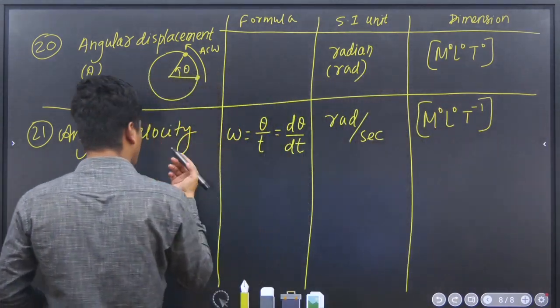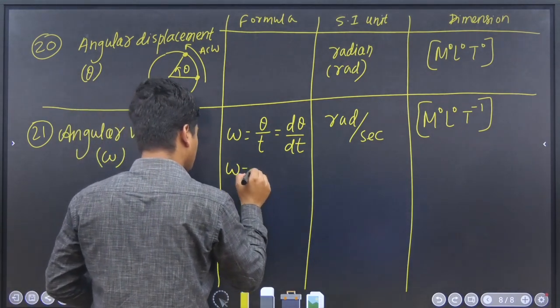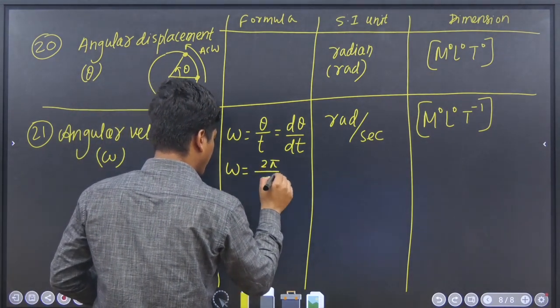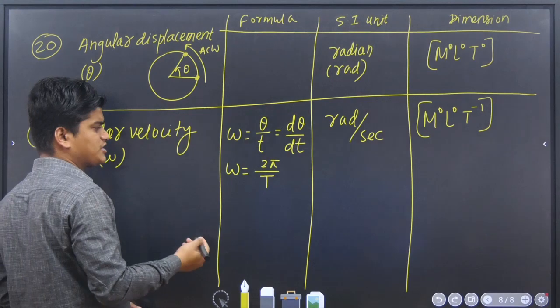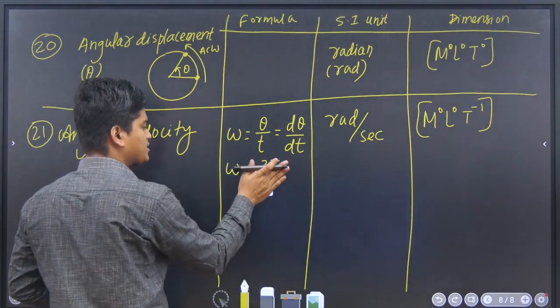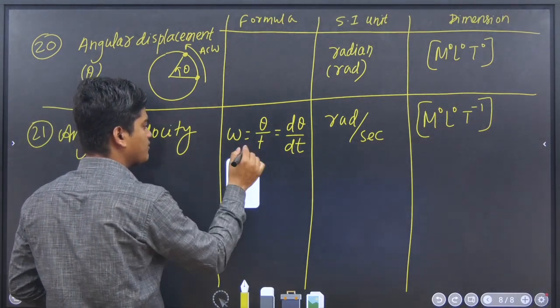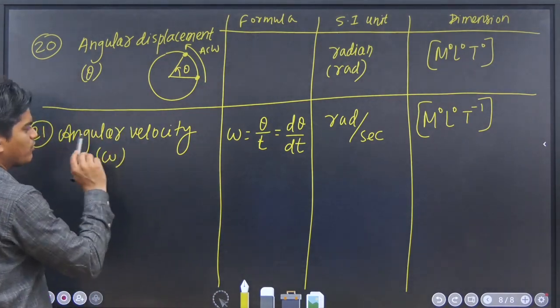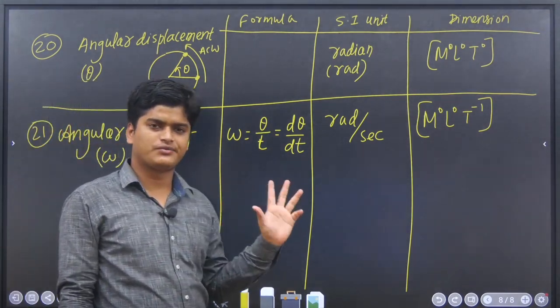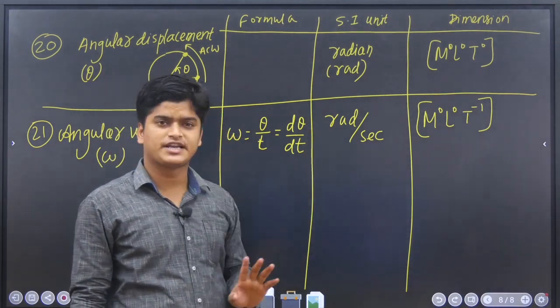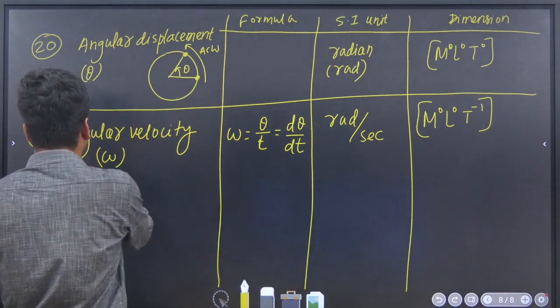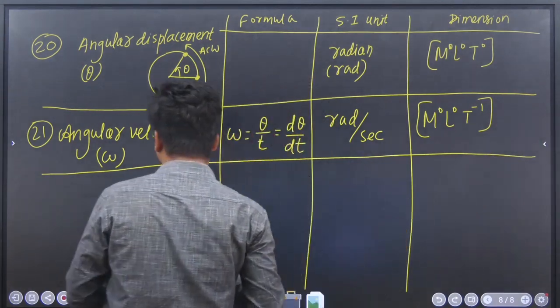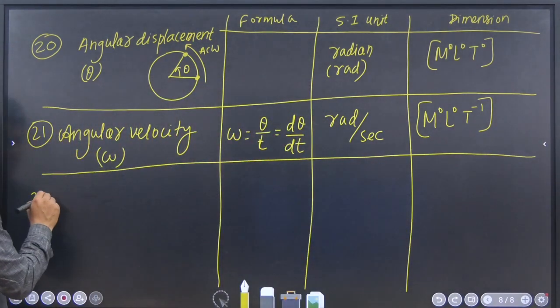Remember, for angular velocity there is another formula also, that is 2 pi by T. Sometimes it is called angular frequency; the same angular velocity can also be written as angular frequency, whose unit is also radian per second. Now let us understand here also.